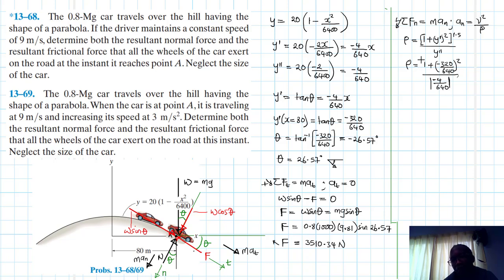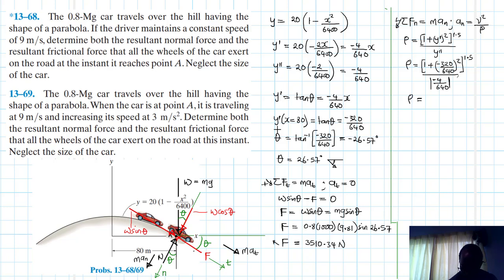Raising it to the power 1.5, minus 320 divided by 640 is 0.5, and then we have 1 plus 0.5 squared, to the power 1.5, divided by 4 over 640.